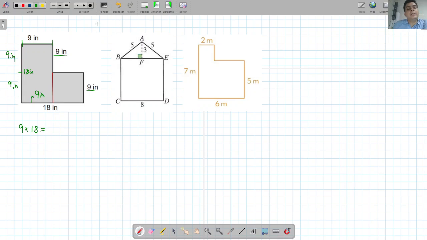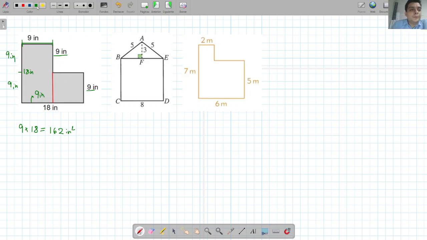If we multiply 9 times 18, this is going to be 162 inches squared. If I am not mistaken, that was just mental math. Let me do it on the calculator to make sure this is 9 times 18. Yeah, it's 162.